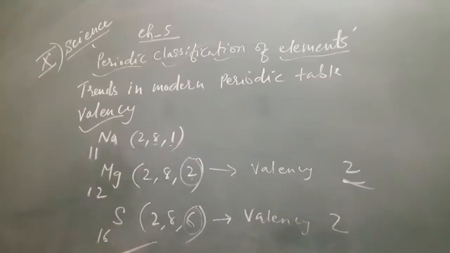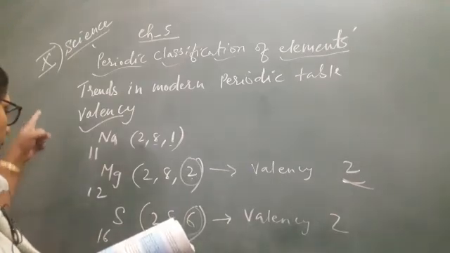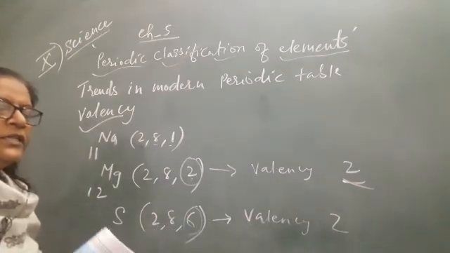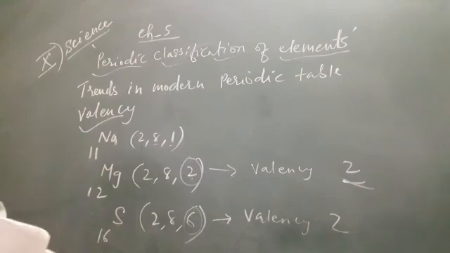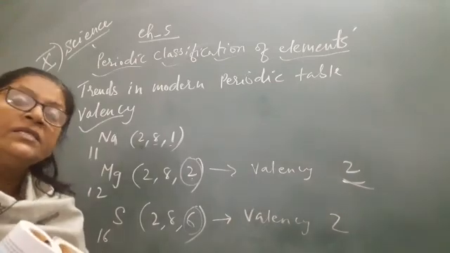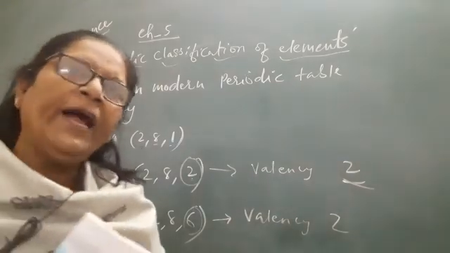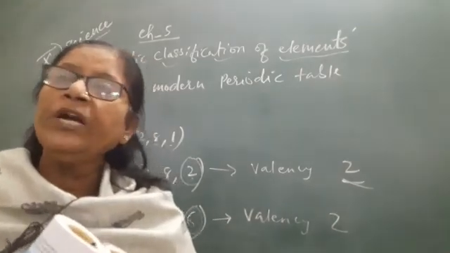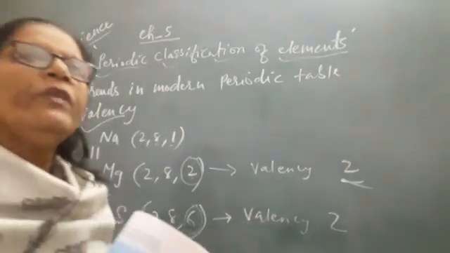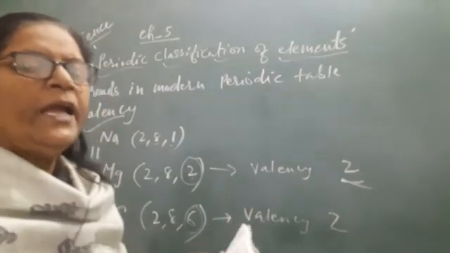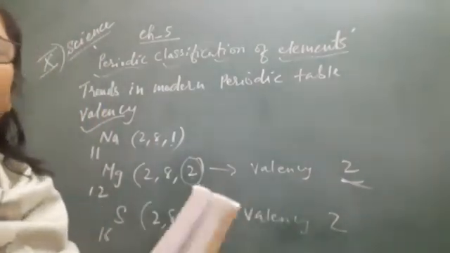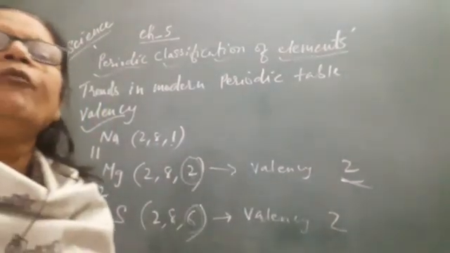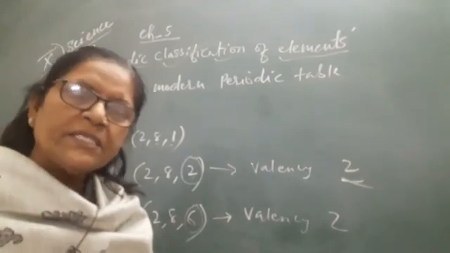And how does the valency vary in going down a group? If we go from top to bottom in the group, the valency is increasing, decreasing or remains the same. So whenever you find it for the elements 1 to 20, you will get the valency. Okay. So today's homework, you find out the valencies of elements 1 to 20. Okay.